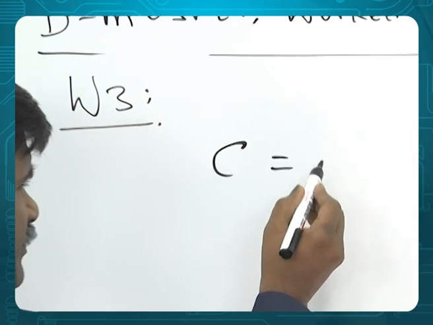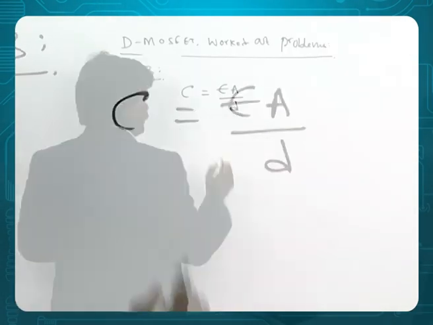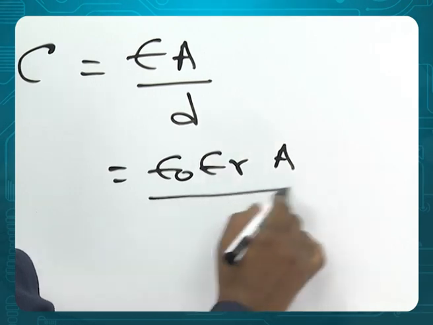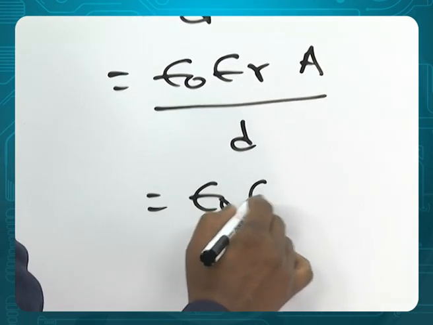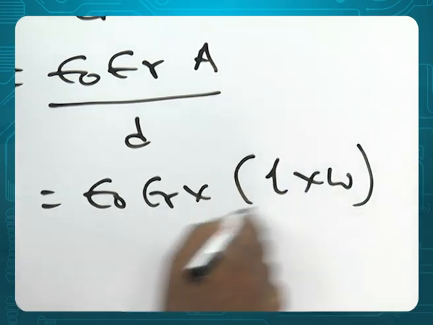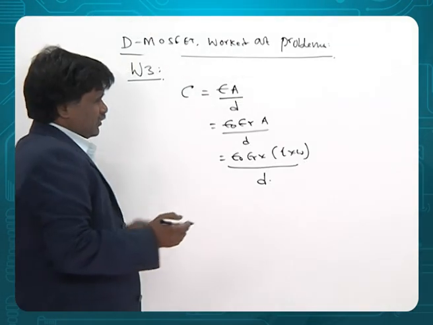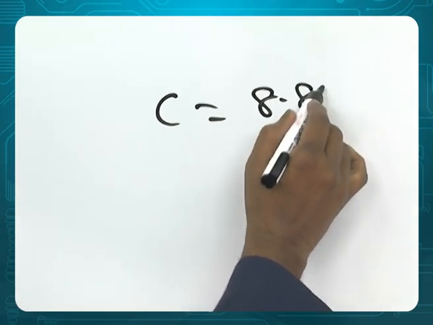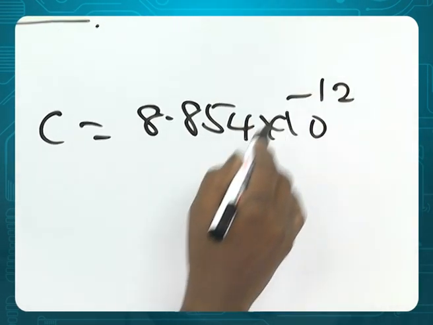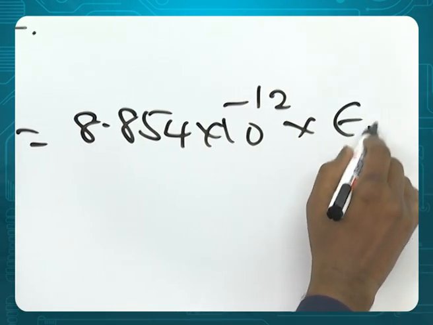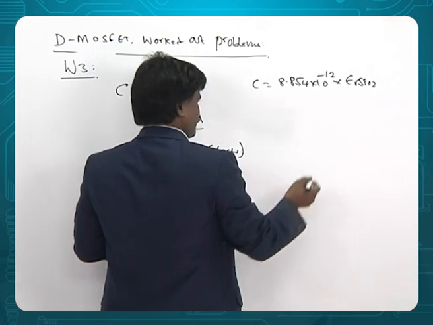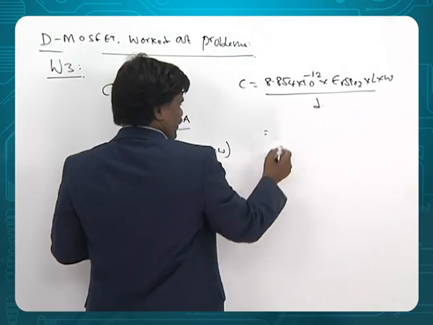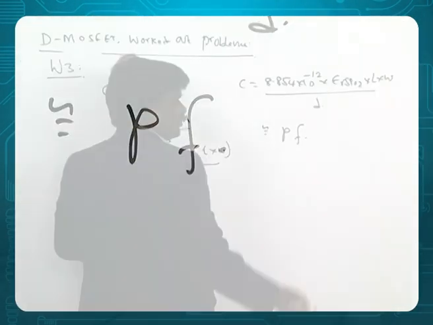When we say capacitance, epsilon A by D, that is nothing but epsilon naught epsilon R L by D. Epsilon naught epsilon R L into W by D. Because area is L into W, therefore 8.854 into 10 power minus 12 into epsilon R of silicon dioxide layer into L into W by D. If you simplify, it will come in the order of picofarad.